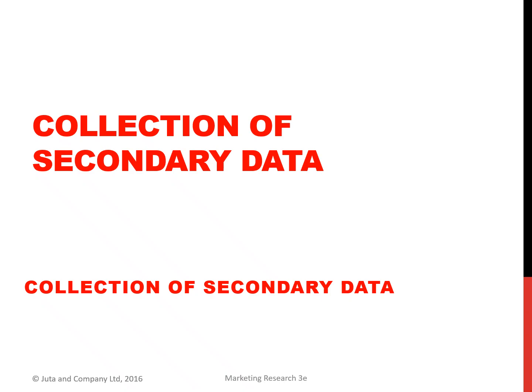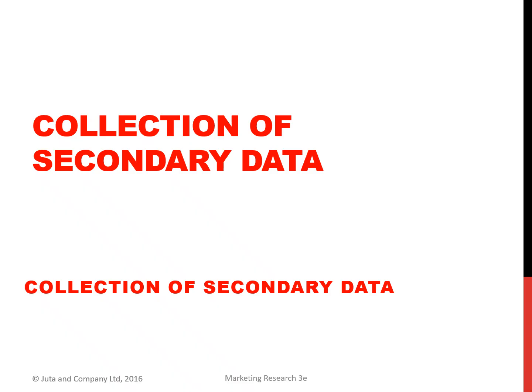We're going to spend a bit of time talking about secondary data as opposed to primary data. And remember, just talking loosely, primary data is basically the data that we collect ourselves. It can be all sorts of data, like qualitative or quantitative.